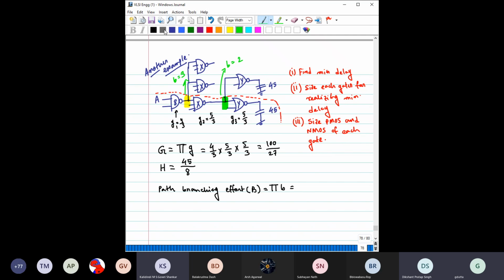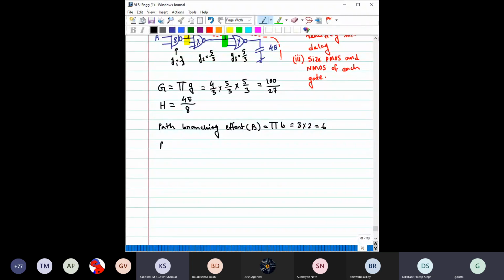Okay, so you have understood this one. So here the branching effort is 3, here 2. So it is basically pi of this B, so it is 3 times 2, so it is 6. After that it would be the path effort, that is capital F, equal to GBH.